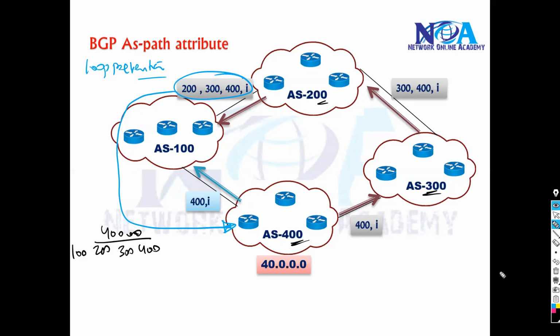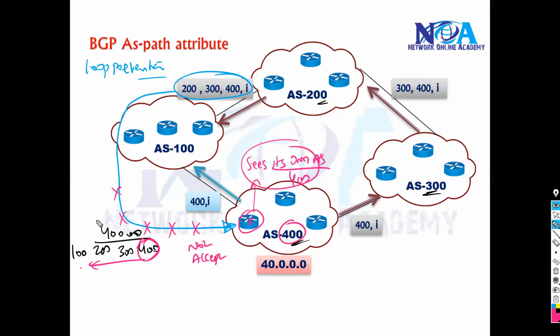So now this router will not accept this route, because whenever a BGP router sees its own AS number in the BGP update, what is my AS number? 400, and here you can see it is 400, wherever it is in the path, it will simply discard the route. So that is another importance of the AS-Path attribute.